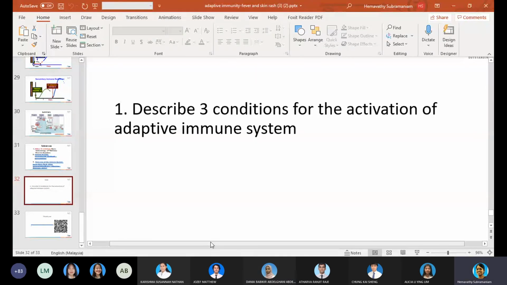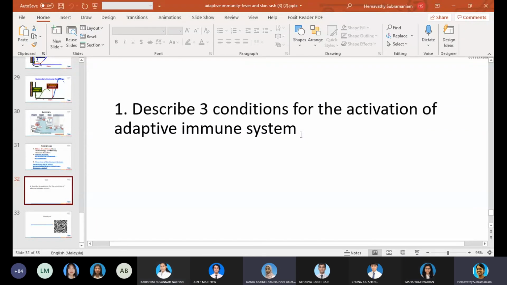All right. Describe the three conditions for the activation of the adaptive arm of the immune system. Anyone? So one is that the pathogen should breach the epithelial barrier, right? Okay, very good. The other two conditions?